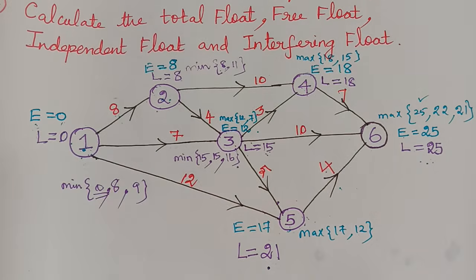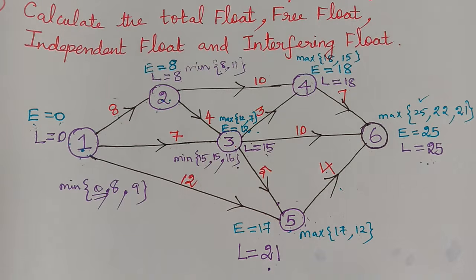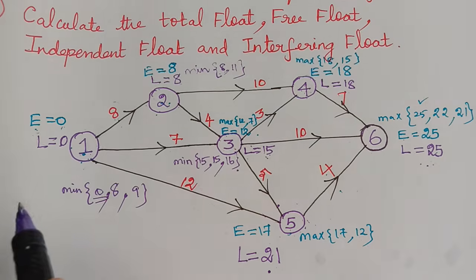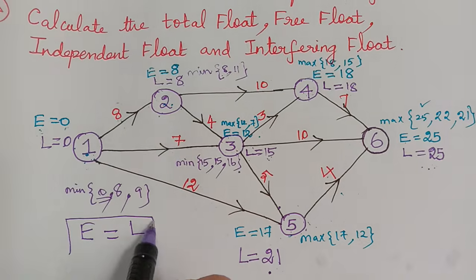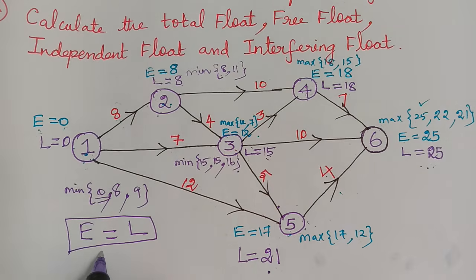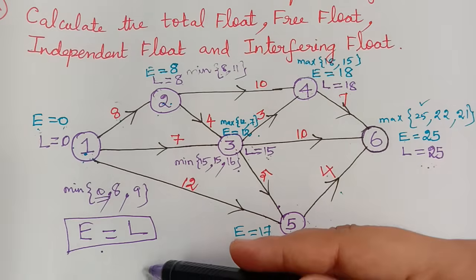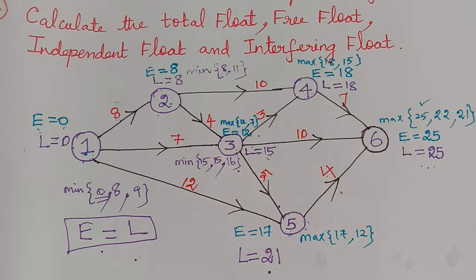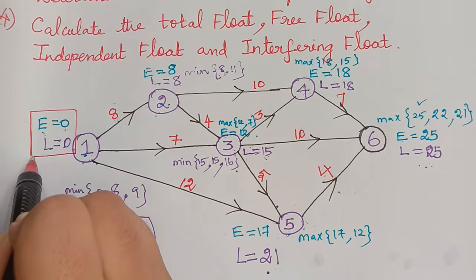So by this we have found all the earliest occurrences and the latest occurrences. And now wherever the earliest occurrence is equal to the latest occurrence, wherever E is equal to L, those nodes we have to select, and the activities which pass through those nodes give us the critical path. Now for example, here we have E equals 0 and L equals 0, and so this is selected.